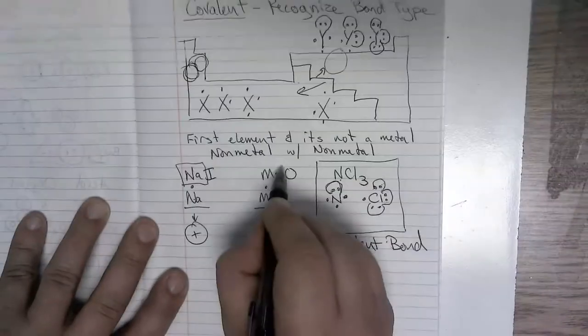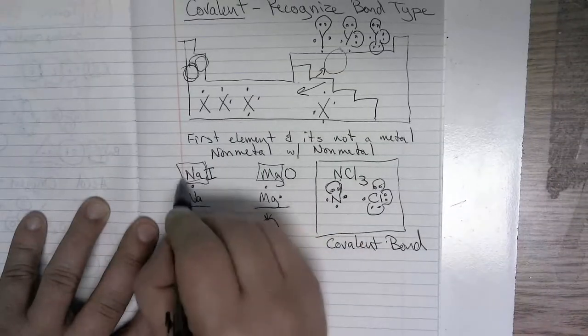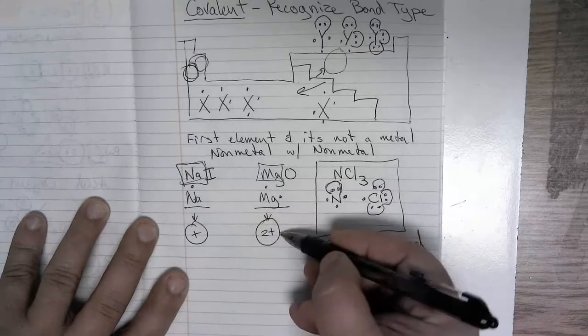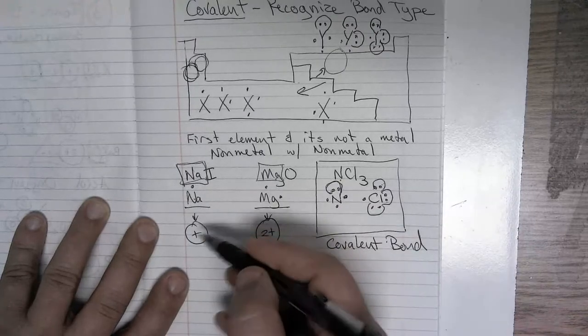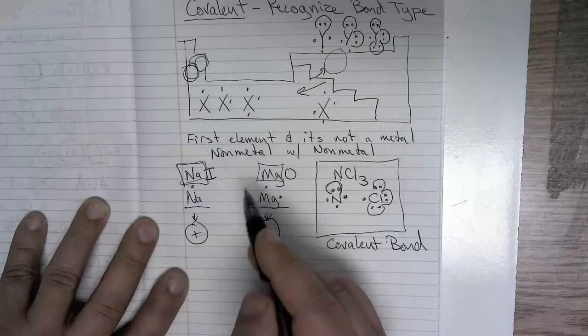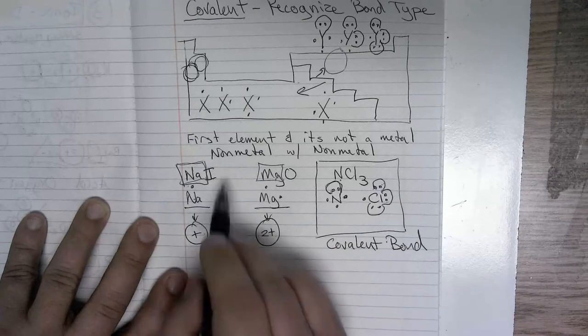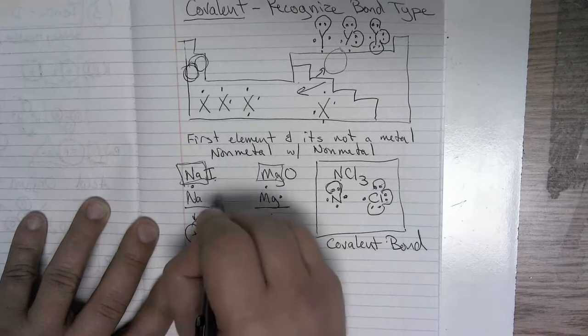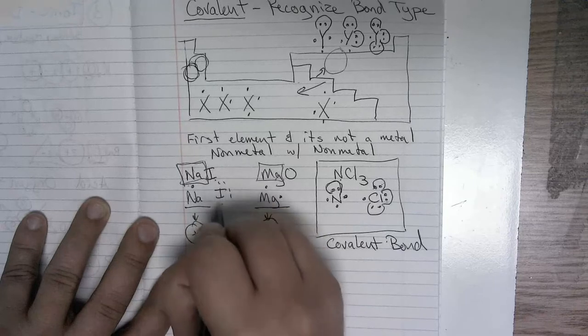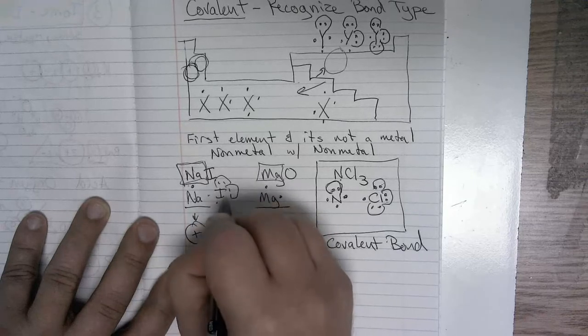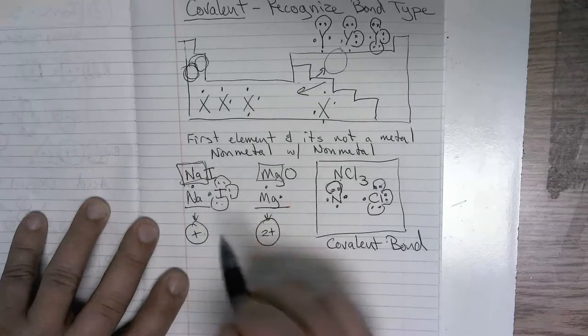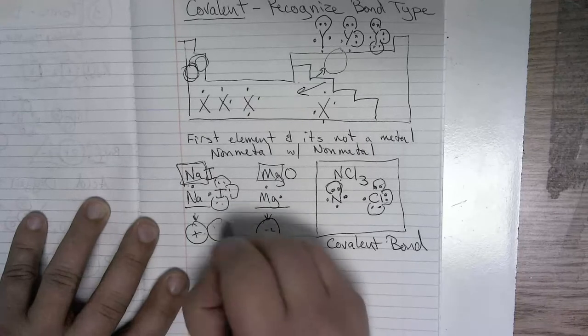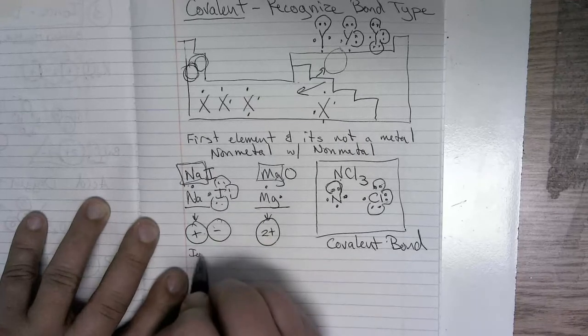If it's a metal at the beginning, it's always going to form those ions. And whatever it's with will also form an ion. So in this case, the iodine with its 7 dots and 3 pairs that are stable needs an electron, so you'll have a plus and a minus, and this is ionic.